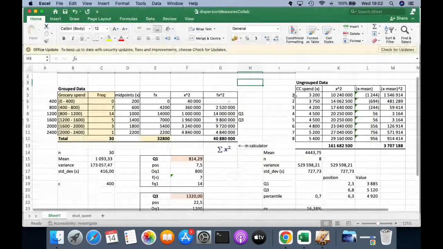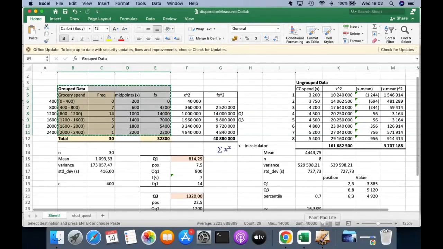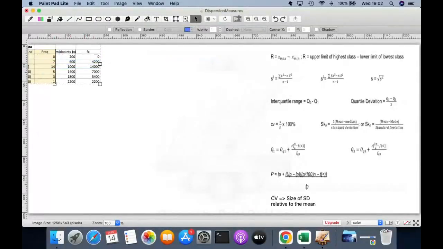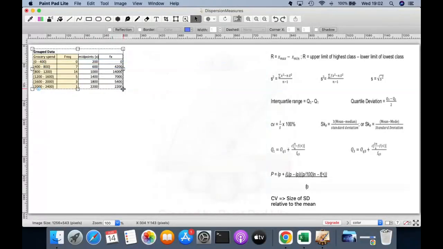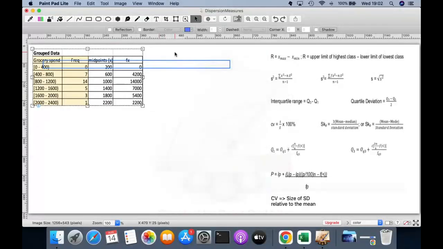This is the same data that I used last week to explain it. Give me a second, I'll make it a bit larger. Just let me know if you can't see the table of numbers.